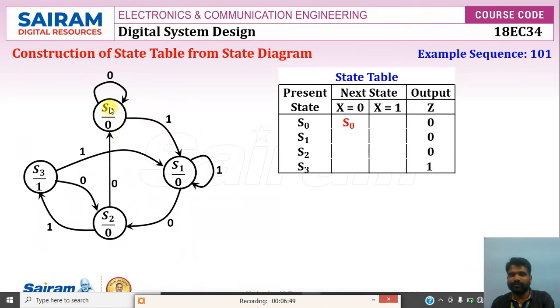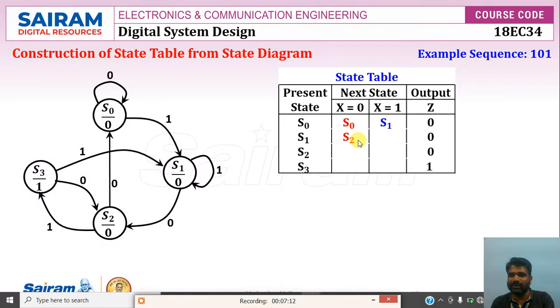Observe first. When present state is S0, when input is 0, it goes to S0 only. If it is 1, it will go to S1. So here you write S1. Now present state is S1. If input is 0, it goes to S2.